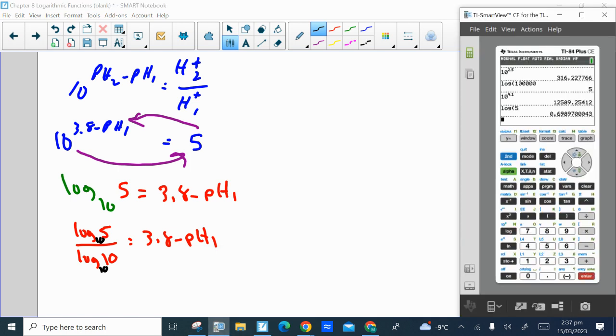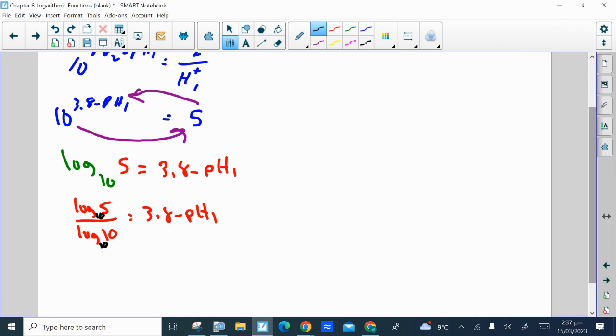If you have the newer operating system that allows you to put logs with any base, log base 10 of 5 is still just log 5 on the calculator. Either way, you'll get 0.699, rounding to 3 decimal places.